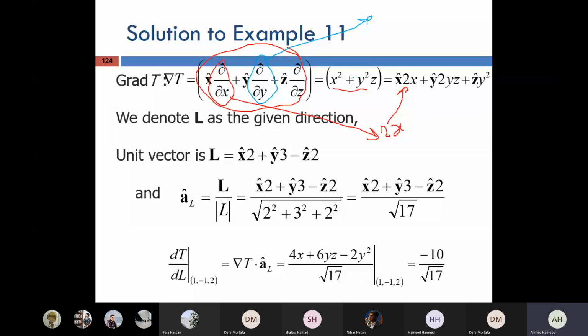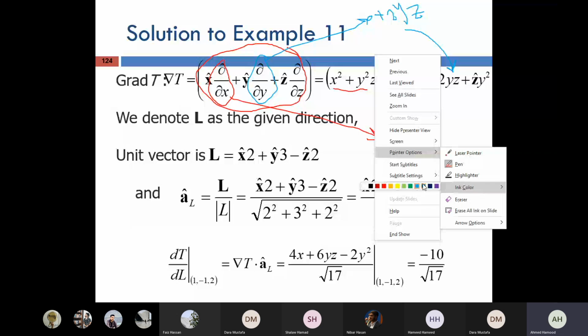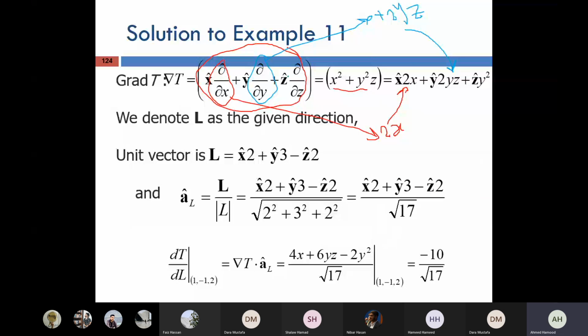Plus y square z. So y square is what? 2y, and z is a constant, so you just write z. Then you write this part here. Then differentiate based on z.